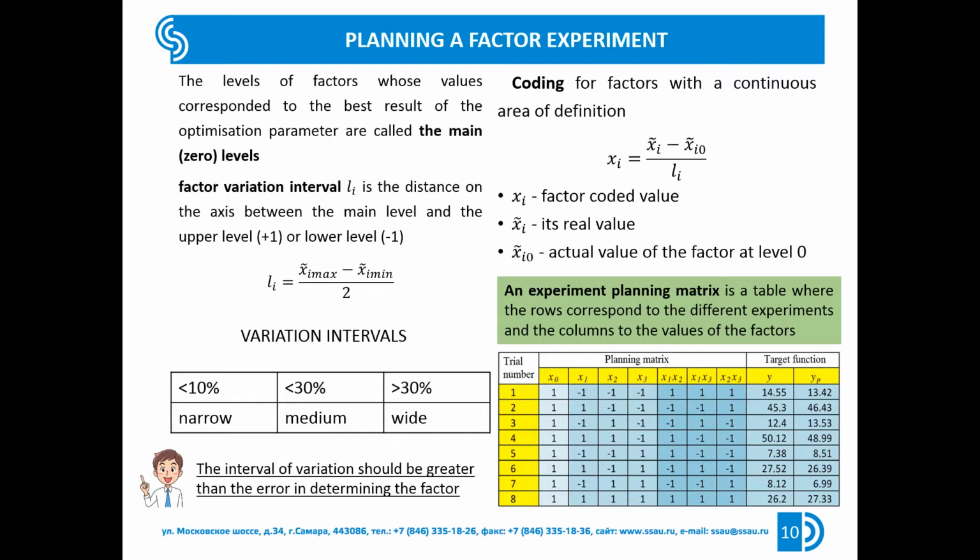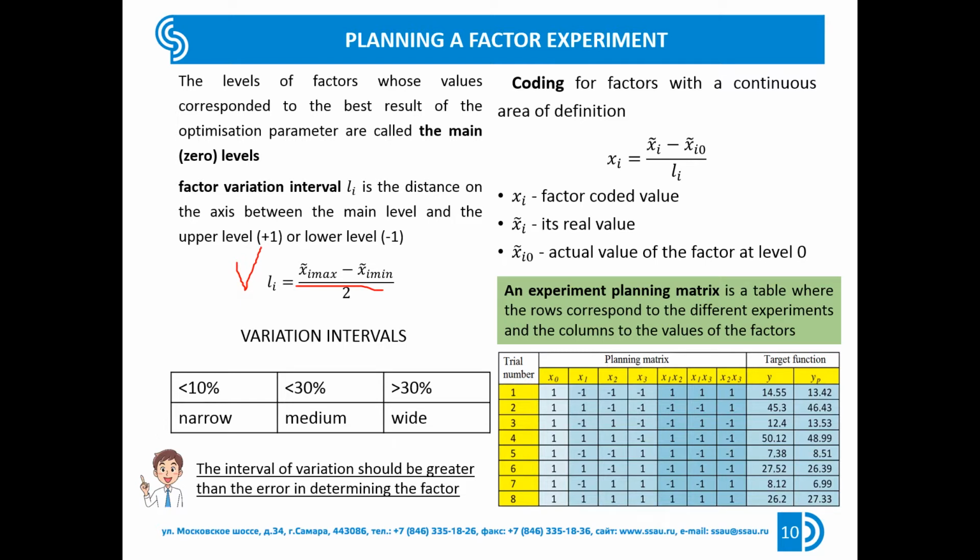These levels are taken as initial ones when constructing the experiment plan and are called the main zero levels. The upper and lower factor levels are established by adding to or subtracting from the base level a number, called the factor variation interval, where these are the maximum and minimum values of factor i, respectively.